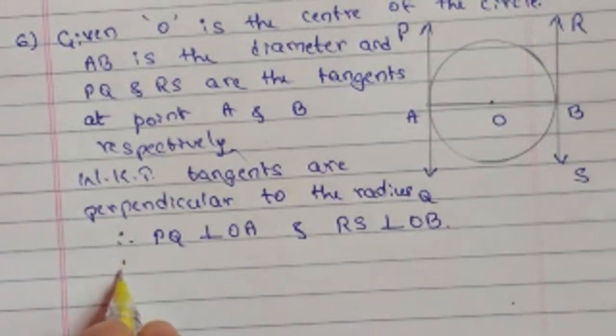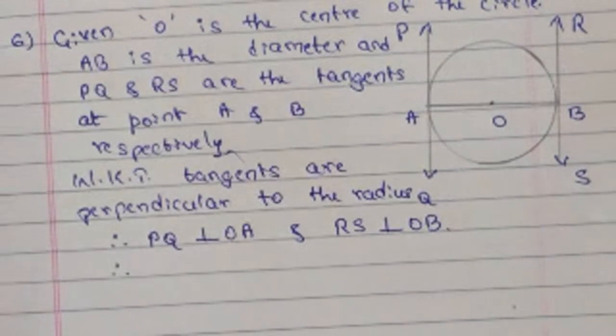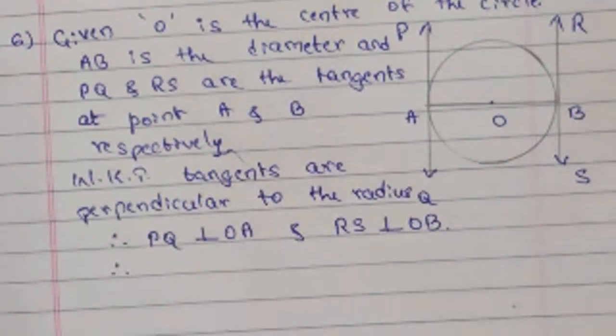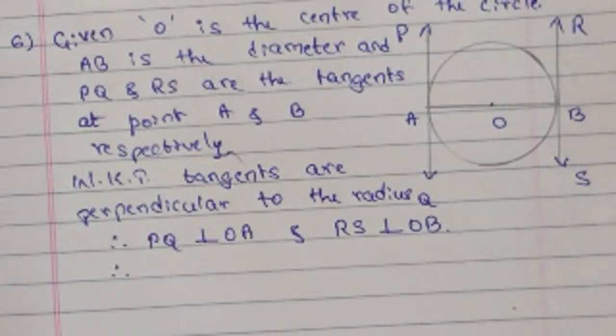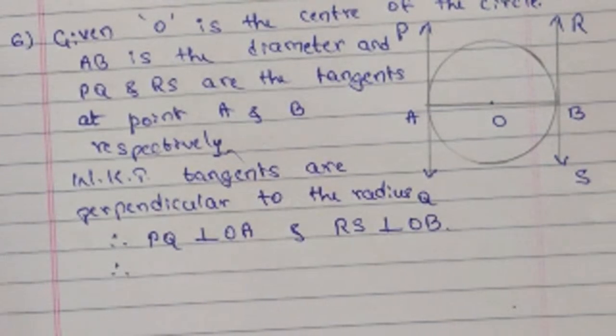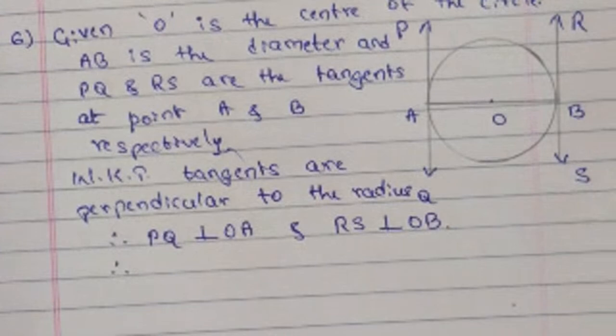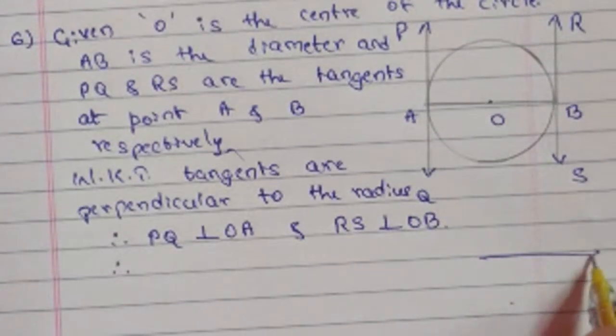So therefore now we have to use a small trick here, and we know that if two lines are parallel to each other, then their alternate angles are equal, or vice versa, if two alternate angles are equal to each other, then the two lines are parallel to each other. So for that we have to use the parallel and transversal method.